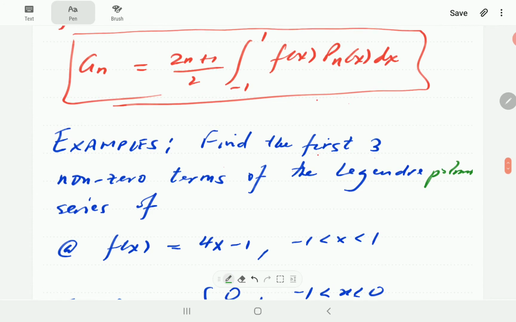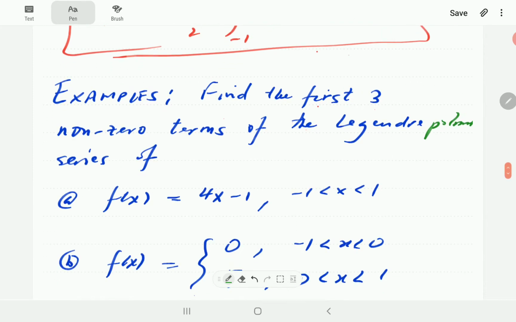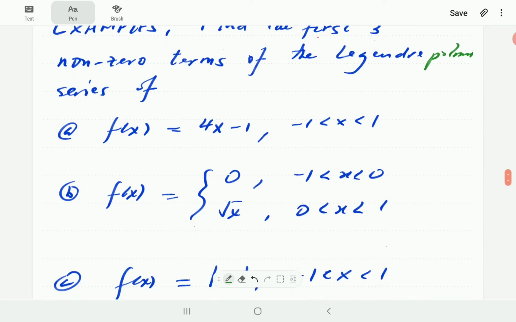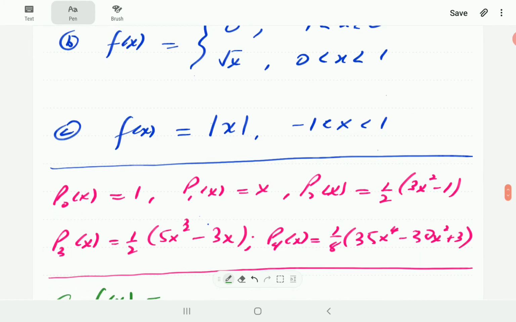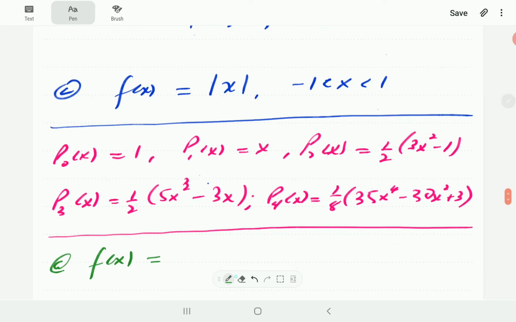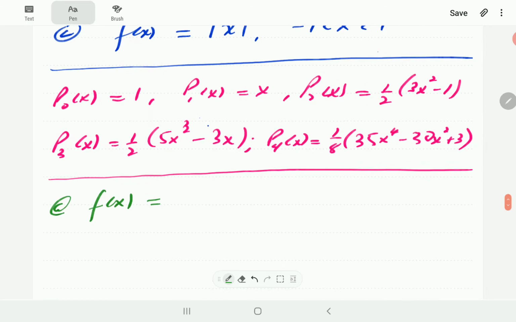Let's call this our formula number 3. That's the formula we're going to use to find our Legendre series coefficients. I've just put the first 4 or 5 Legendre polynomials here for reference. So in the first question we have got 4x minus 1.